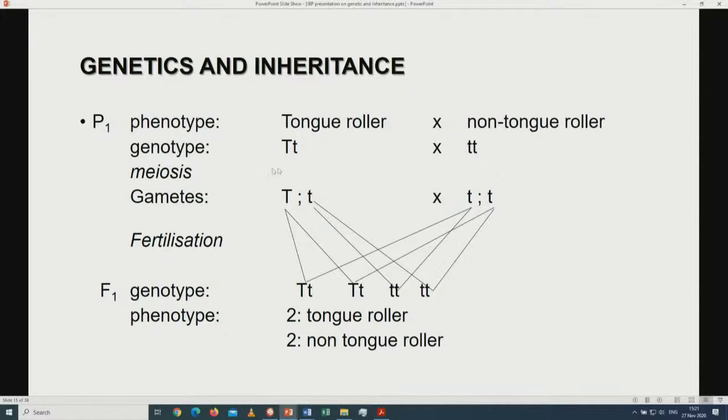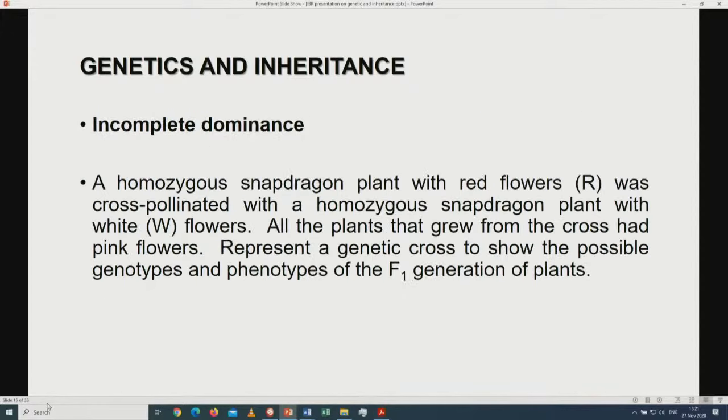Meiosis and then fertilization must be indicated, including P1 and F1, as they carry 2 marks if they are indicated in the answer book. Then the gametes are formed by meiosis, and then fertilization occurs, and now we can determine the genotype of F1 and also the phenotype of the F1 generation.